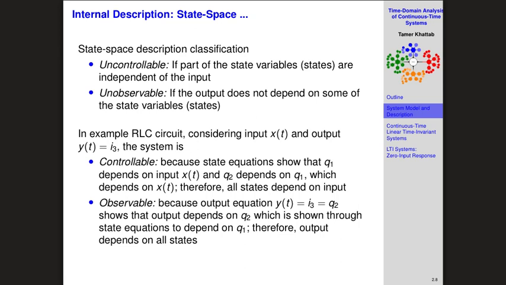Once Q1 changes, it's going to cause a change in Q2, which is going to cause a change in the output. So this system is also fully observable, because the output is affected by any change in any one of the states. Either Q2 only changes, or Q1 changes, which is going to cause a change in Q2, which is going to cause also a change in the output.